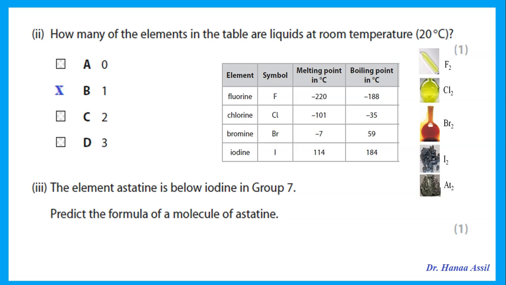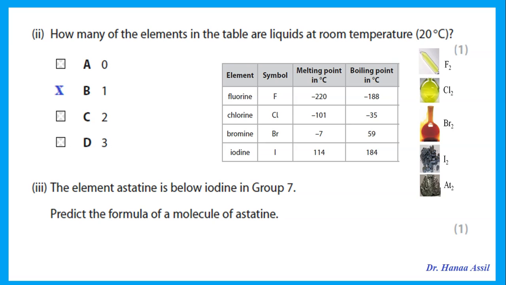Bromine is the only liquid non-metal. The only other liquid in the periodic table is mercury, the liquid metal. Everything else among the non-metals is either gas or solid.